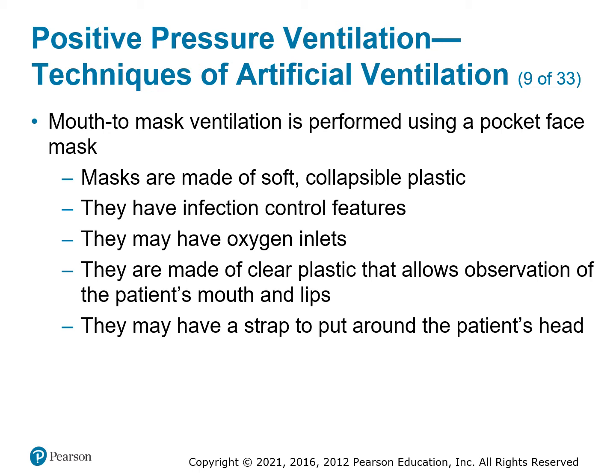They're usually made of a clear plastic so that you can visualize the patient's mouth and nose, and they may have a strap to put around the patient's head to help keep them in place. However, you're still going to need to create that seal with the mask and provide adequate pressure with your ventilation. On page 257, you can see some of the pocket masks and the use of a pocket mask as well.